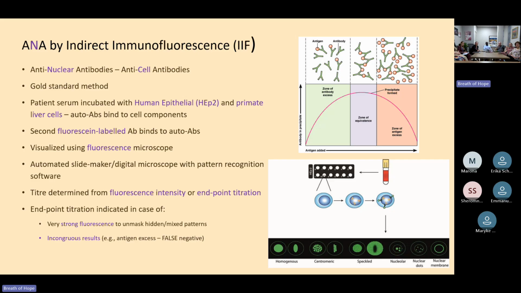Then it forms a stable lattice, so when you do your wash step, it stays on the slide. With antigen excess, when you do your wash step, it can be washed away, and then when you visualize it on the microscope, it looks negative. Okay, so that's that.